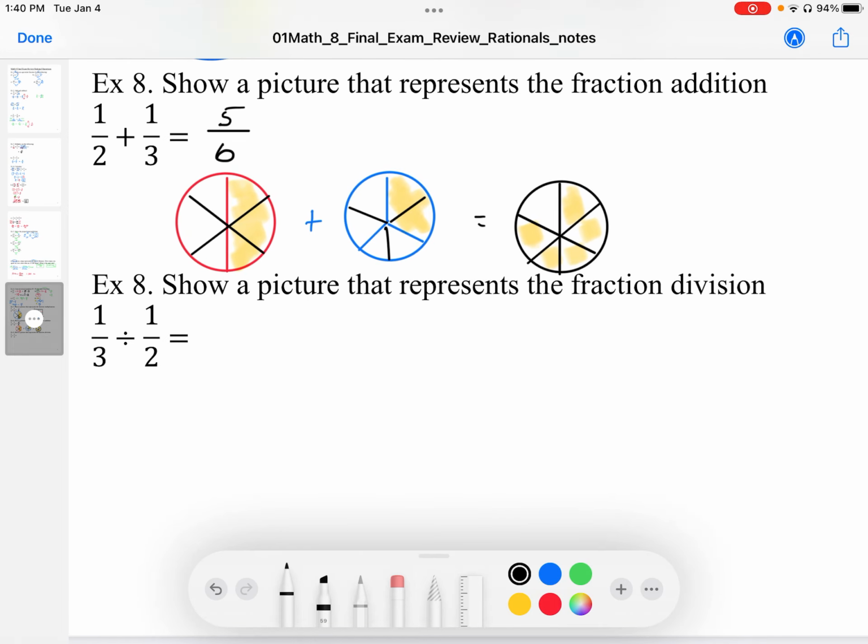To show a picture that represents fraction division, it's easiest to show it as a ratio of 1/3. Have a 1/3 fraction.